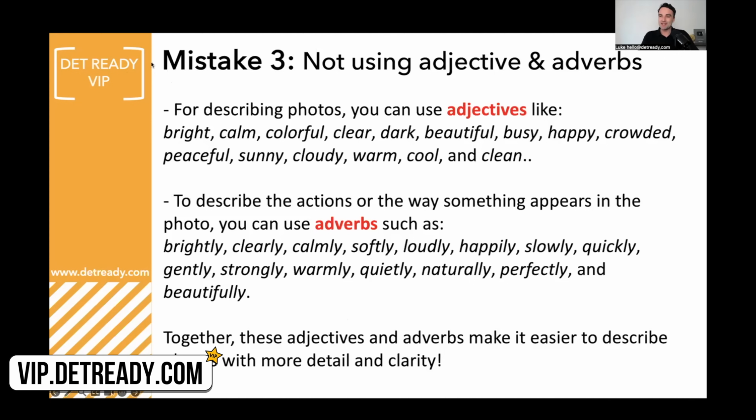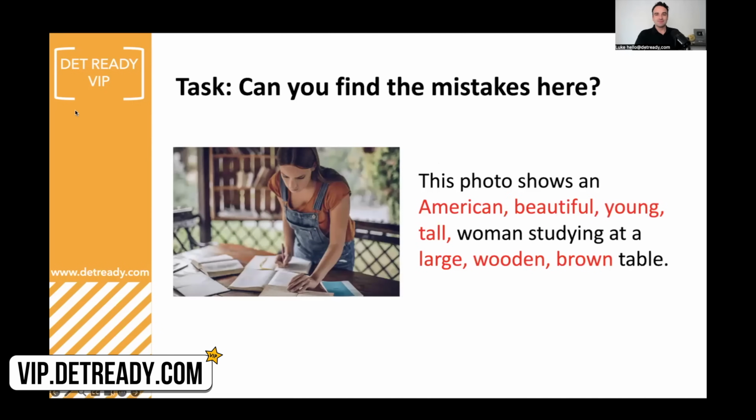Almost all adverbs in English end with -ly. Not all, but almost all. There are some irregular ones. Together, these adjectives and adverbs can make it easier to describe your photos with more detail and clarity, boosting your score by using high-level vocabulary. I recommend you use them as you can because it will help your score.